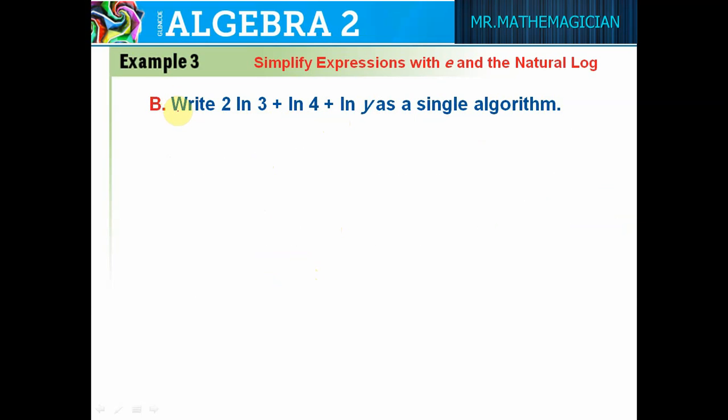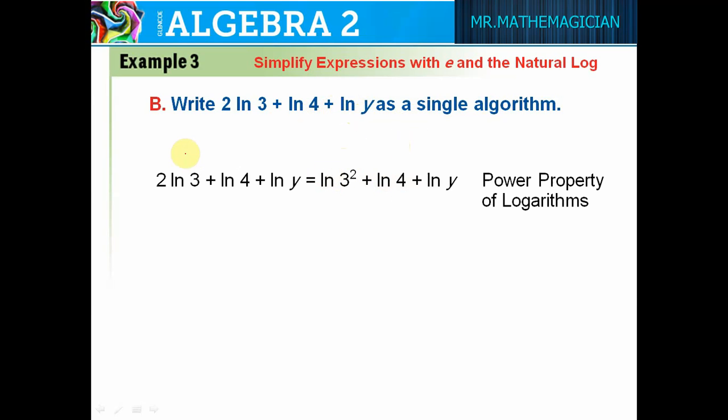Now write 2 ln 3 plus ln 4 plus ln y as a single log. So what you are going to do is take this 2 to the power again. It will be ln 3 to the power of 2 plus ln 4 plus ln y. It means you need to be sure that there is nothing in front of ln.